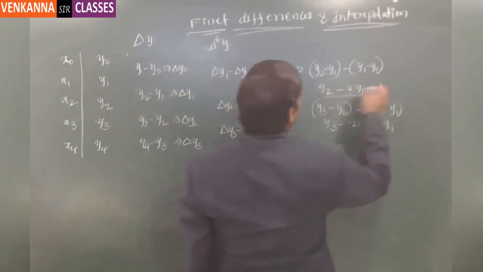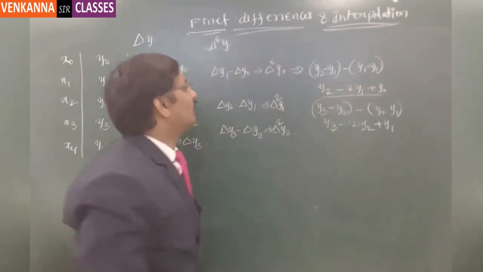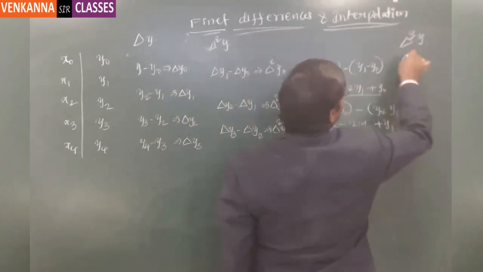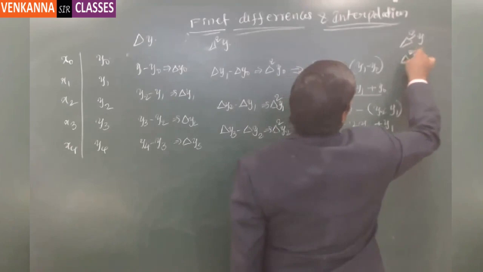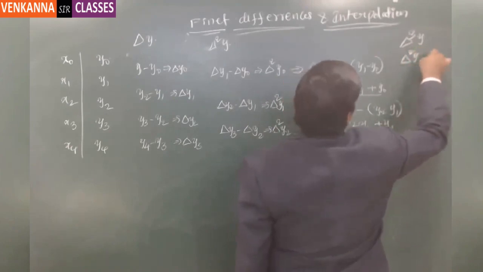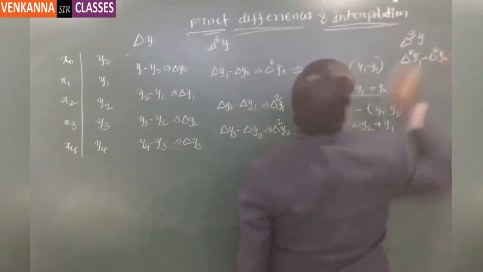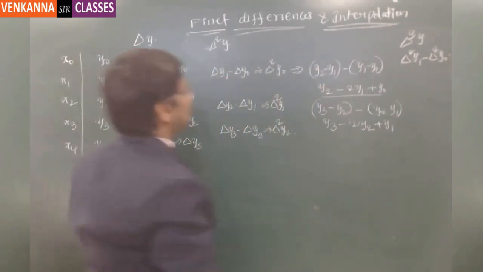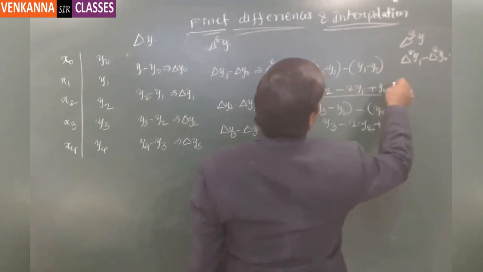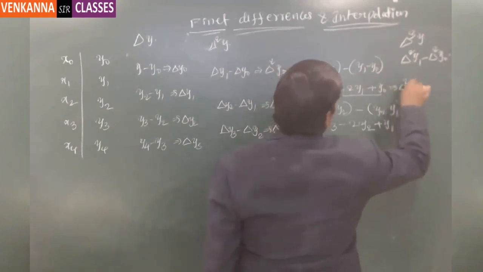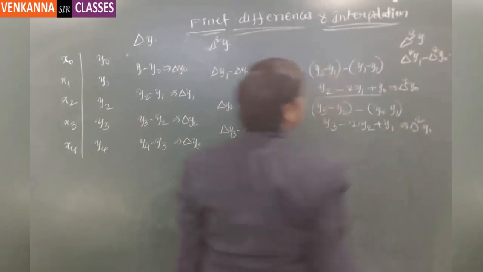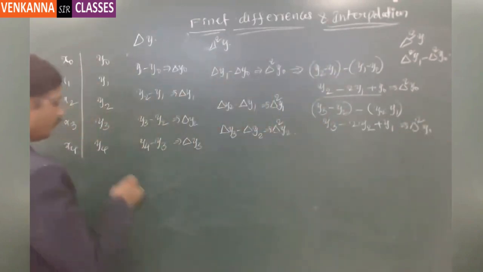Now if you find the next level of difference, that is delta cube of y, this is delta square of y1 minus delta square of y0.